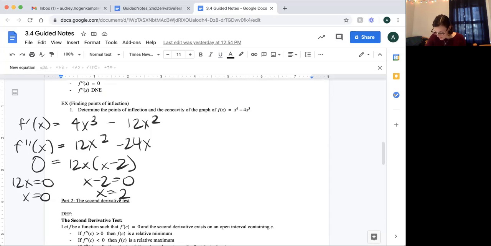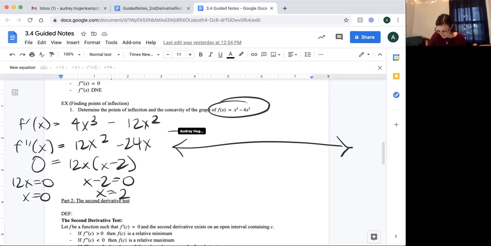But what I need to do now is make a little sign chart like I do when I use my first derivative for increasing and decreasing functions, right? So I know that the domain of this function is negative infinity to infinity. And so now, again, I'm going to break up my little number line with, in this case, not my critical numbers, but my points of inflection. So that's going to be at 0 and 2.